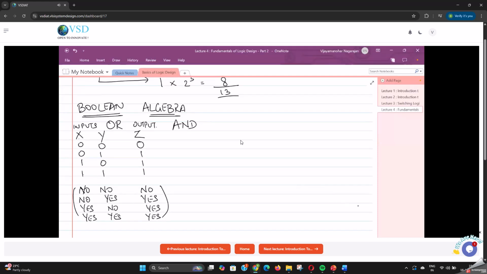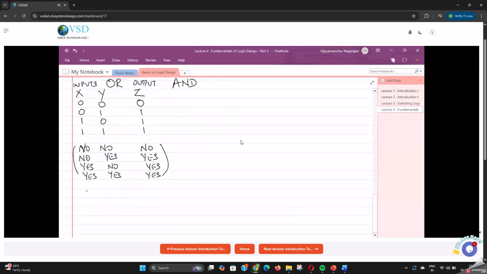So symbolically, I will represent Z is equal to X or Y. This symbol is used for OR. Okay? In terms of an operation, in terms of a logic gate, it will be shown like this. A logic gate is a physical representation of this decision making block. So this is a binary operation. I don't know how to realize this binary operation. We will see this.